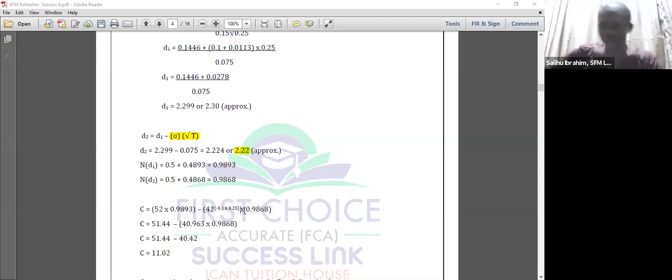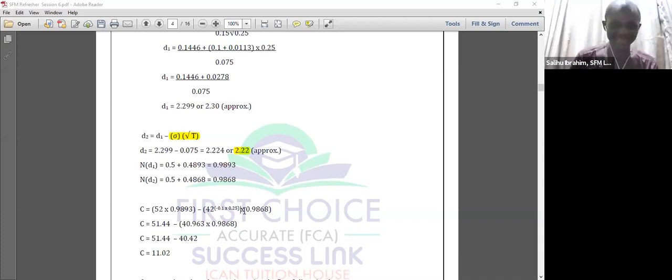Now, I said you should press your what? Your 42, isn't it? 42. Then press your shift. Then go and press where you have ln. It serves the same function as exponential. The moment you press your second function, it activates the exponential function.